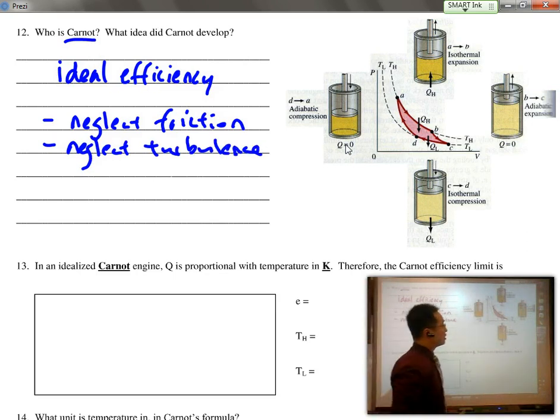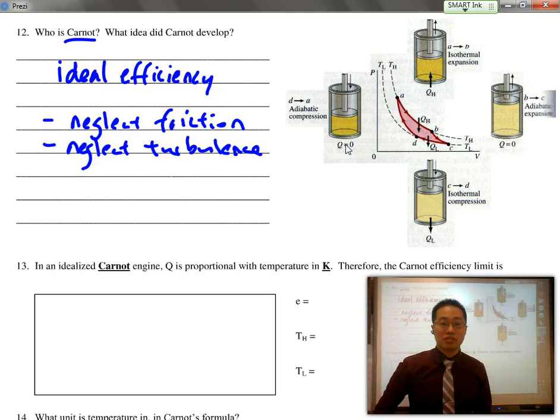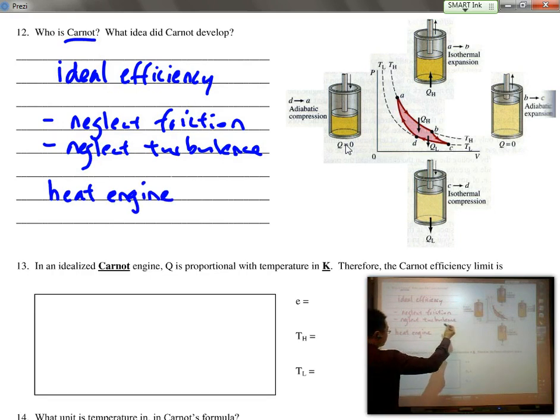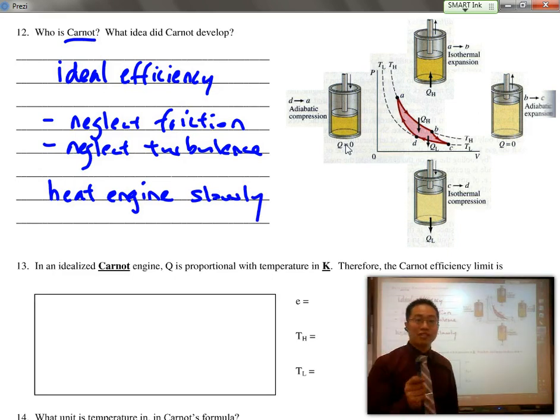How could we make this as ideal a system as possible? And you realize that if you take the heat engine cycle slowly, you end up with specific scenarios for each phase.